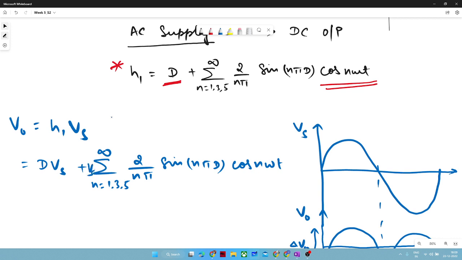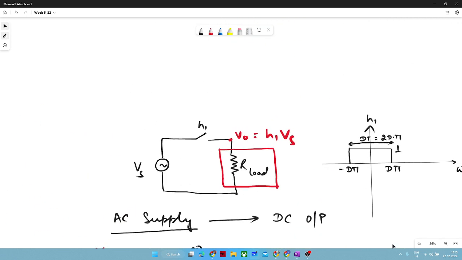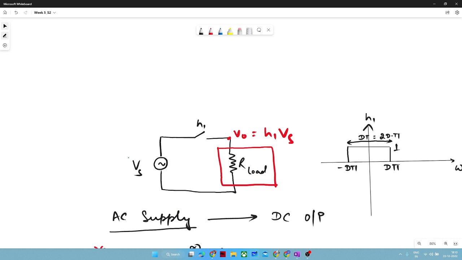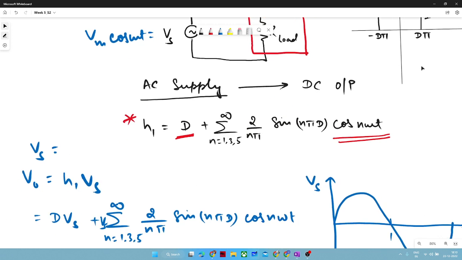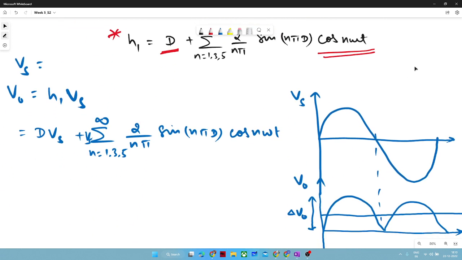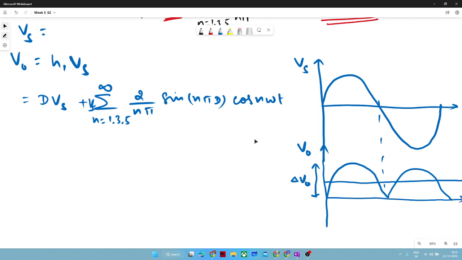Okay, and let us assume Vs, since we are taking the even function here, is equal to Vm cos omega t. However, generally people deal in terms of sin omega t, but I will take cos omega t. Nothing much difference, just a shift of pi by 2.